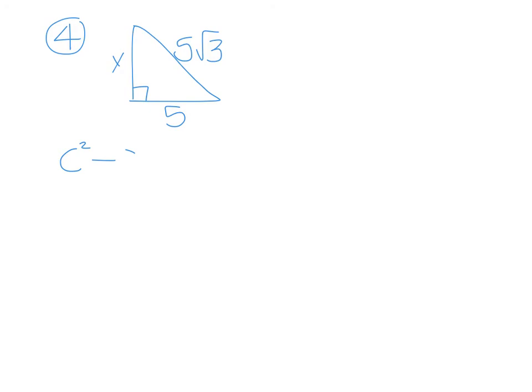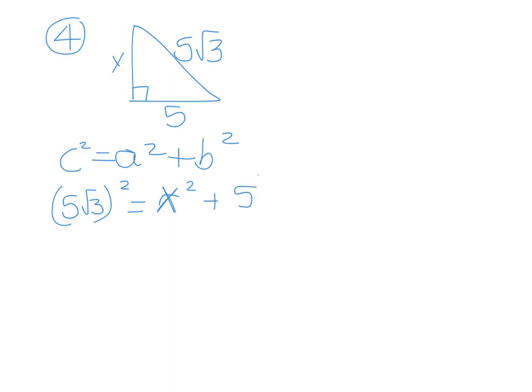Now a little bit harder. This time I'm going to call this side X, this side 5, and this 5 radical 3. And use the same formula. C squared equals A squared plus B squared. So this time it's 5 radical 3 squared equals, and in this case A is my X, so I'll just call it X squared plus 5 squared.